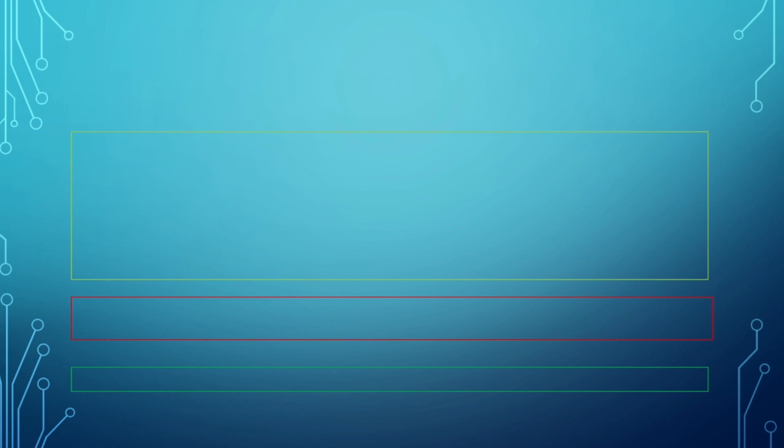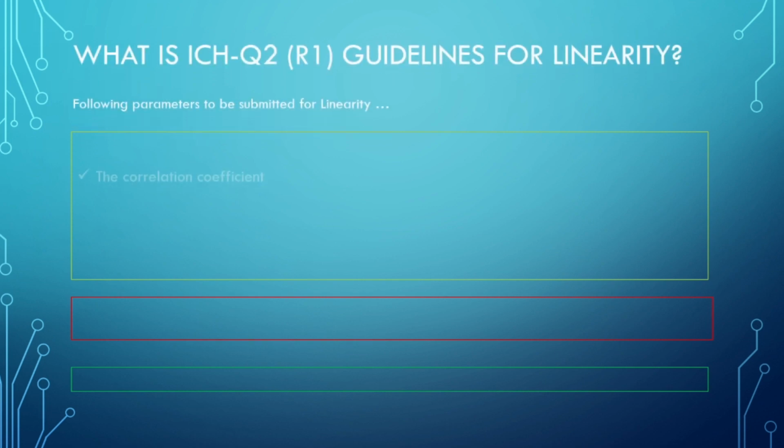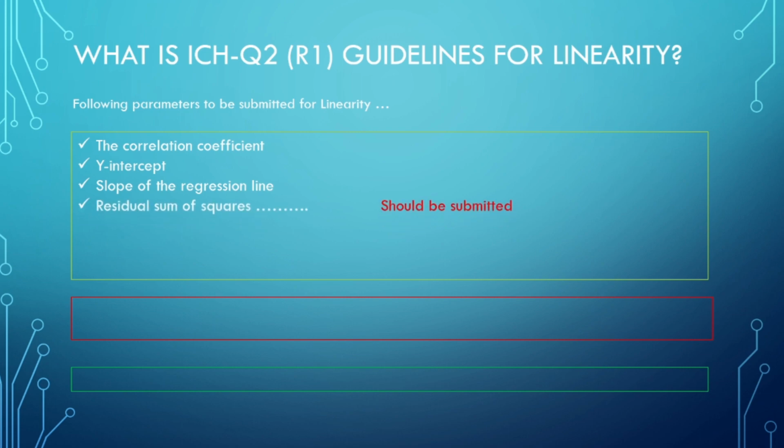So what ICH Q2(R1) is telling about linearity is that the following parameters are to be submitted: the correlation coefficient, y-intercept, slope of the regression line, and residual sum of the squares.